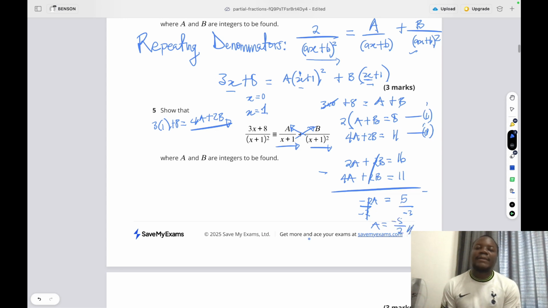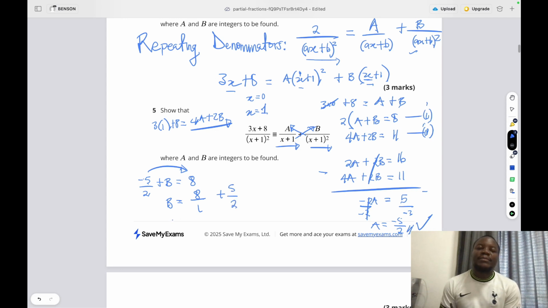We keep this. Then after doing that, we are going to replace this value of A into the first equation, to mean negative 5 over 2 plus B equals 8. So I can transpose this to mean B is equal to 8 over 1 plus 5 over 2.